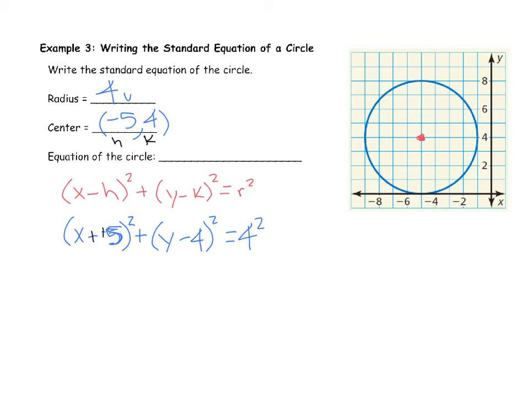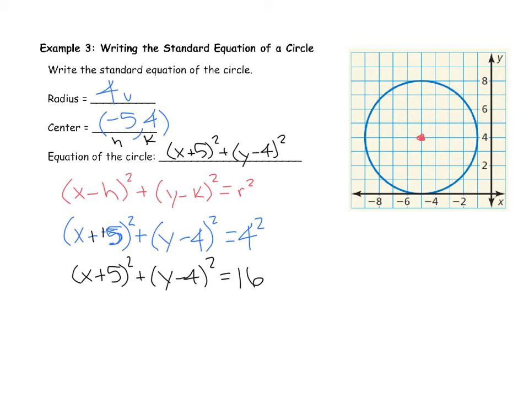I notice here that double negatives make a positive, so you end up with x plus 5 squared plus, I can't simplify anything there, so that would stay the same, equals 4 squared is 16. So the equation of the circle is x plus 5 squared plus y minus 4 squared equals 16.